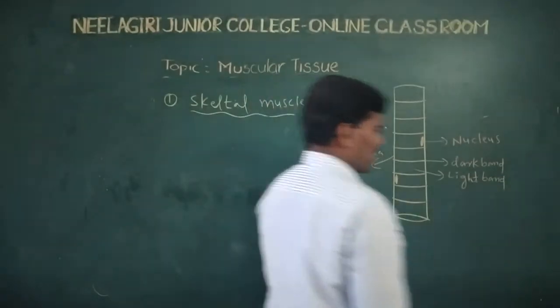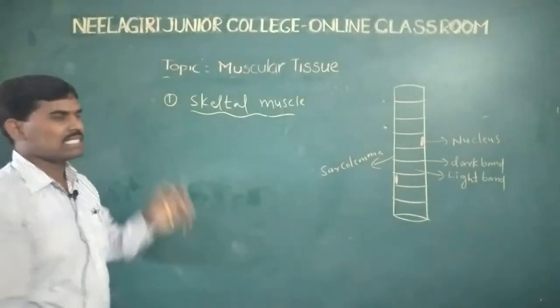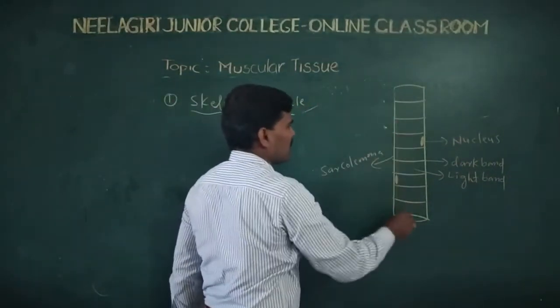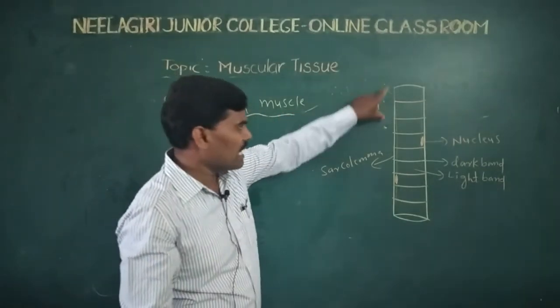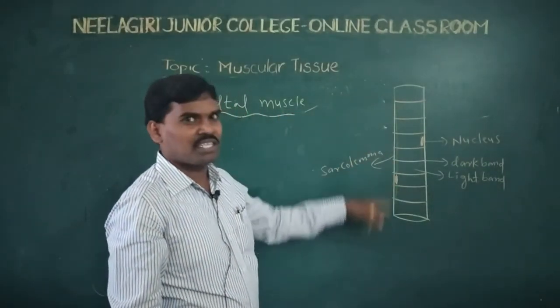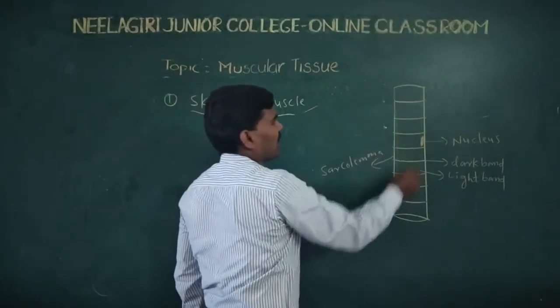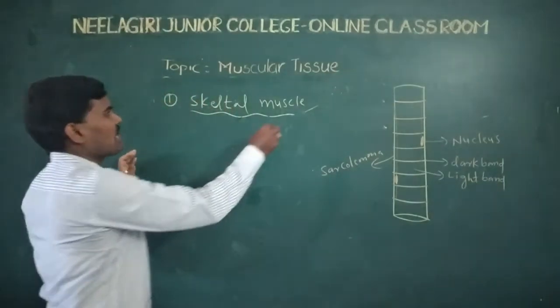Dark band and light band alternate. The skeletal muscles are long, elongated and cylindrical. Skeletal muscle structures are long, elongated or cylindrical type. Cylindrical, elongated and long. So the skeletal muscles are long.